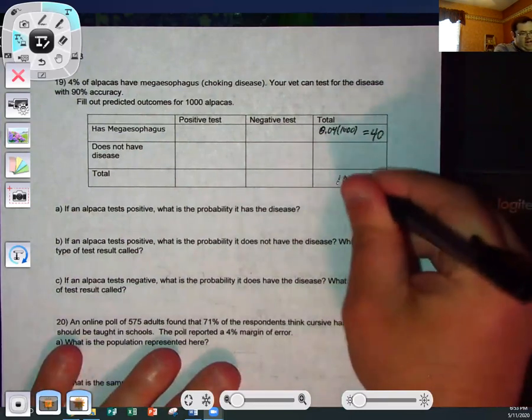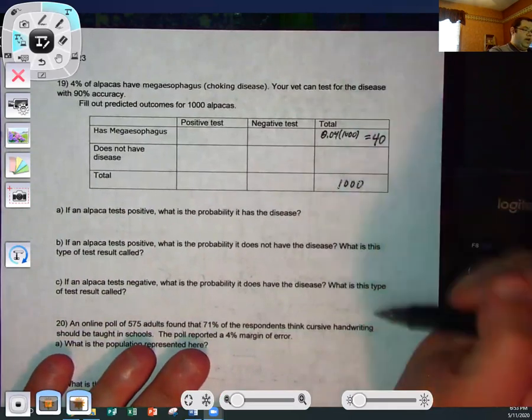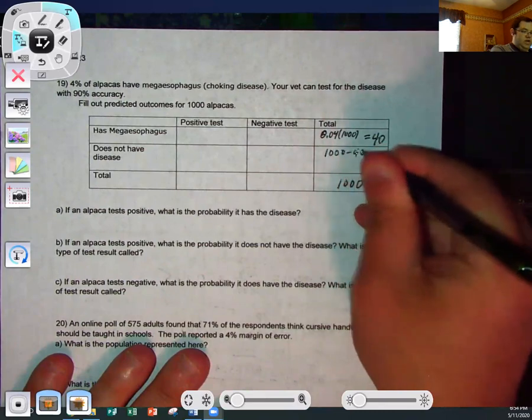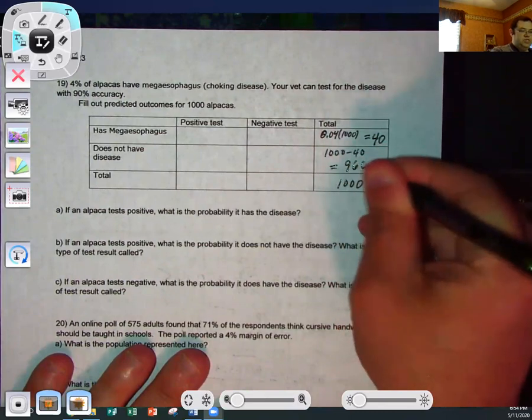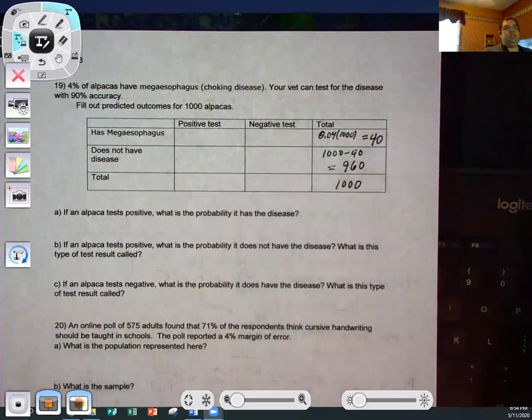Our total is 1,000. So if 40 have the disease, we could do 1,000 minus 40 to get 960. So 40 would have the disease, 960 would not have it.